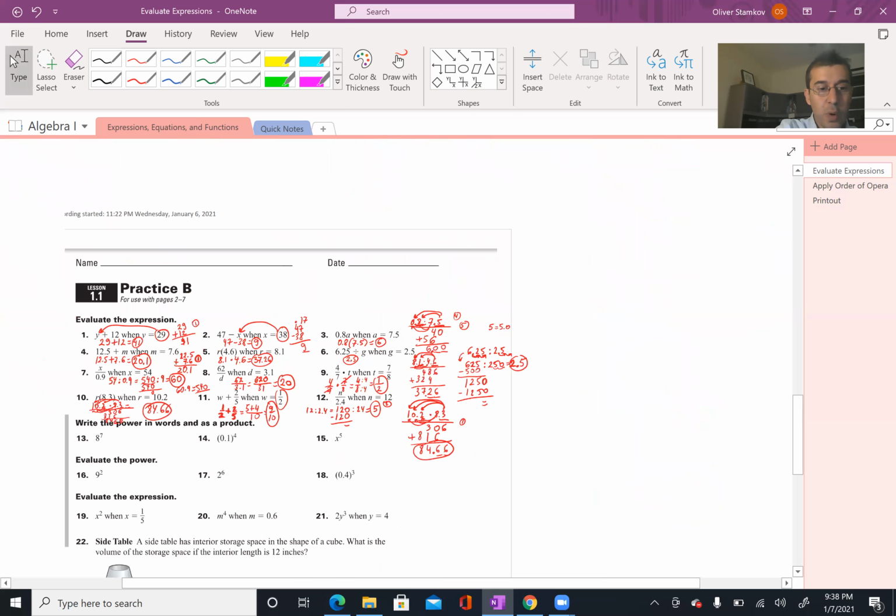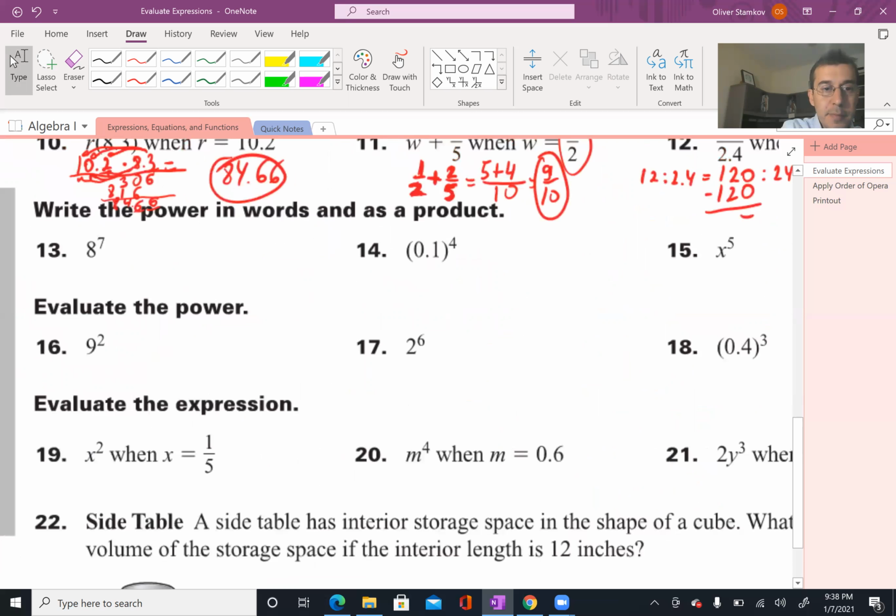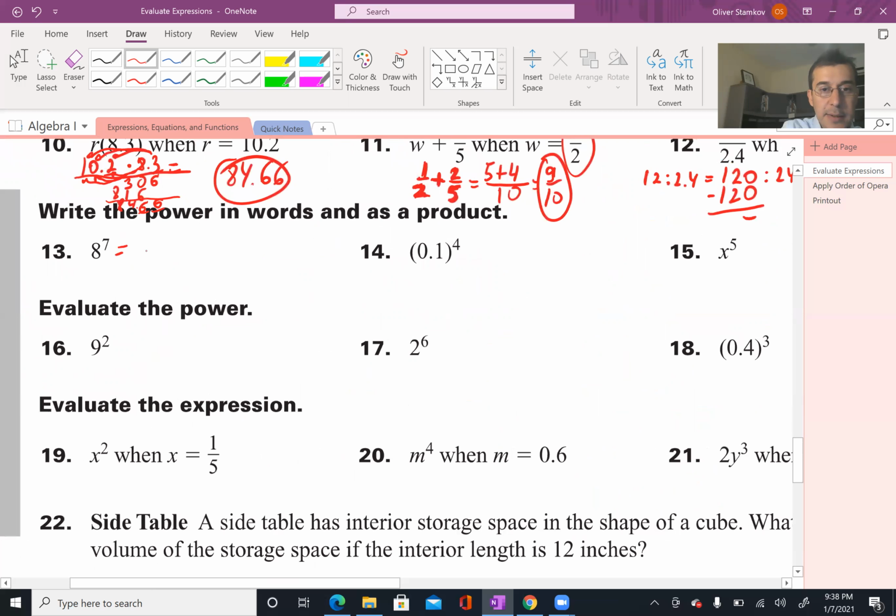Next one is write the power in words and as a product. As a product, this would be the base repeated 7 times. That's 4, 5, 6, 7. Okay, the next one would be 0.1 times 0.1 times 0.1 times 0.1, 4 times.